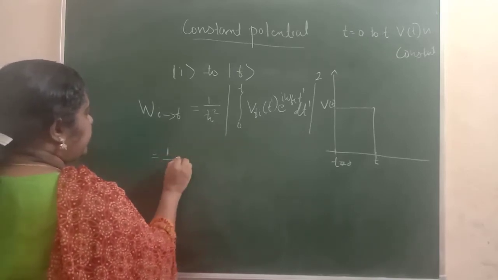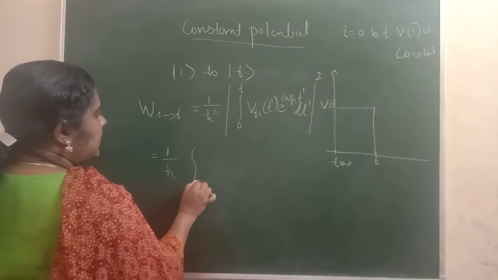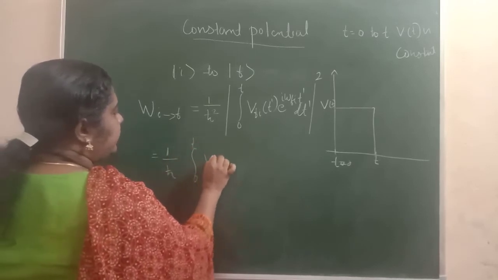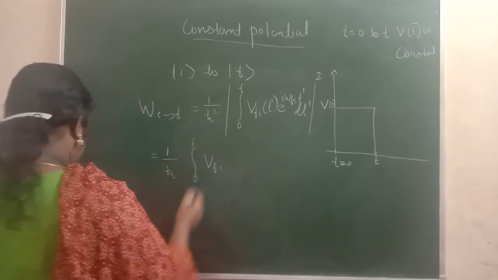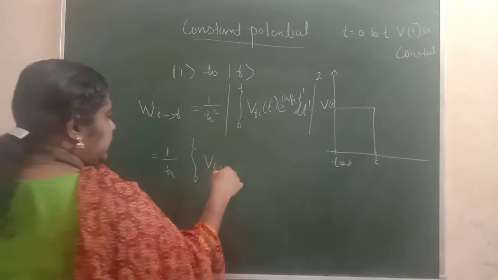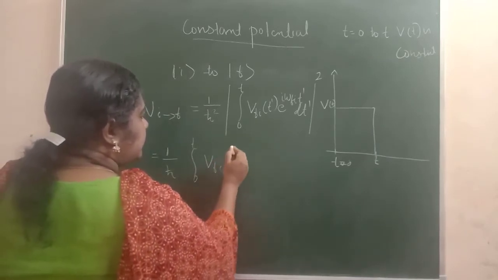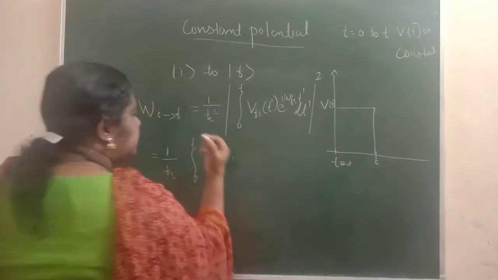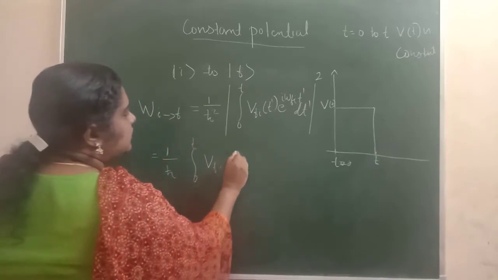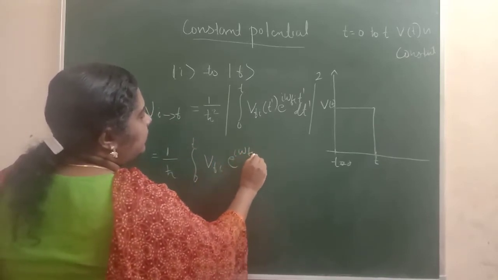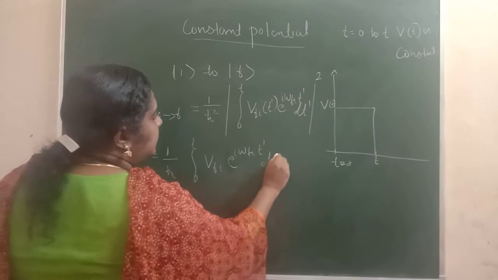First we will calculate 1 by h cross, integral 0 to t, V fi, e raised to i omega fi t dash, dt dash.